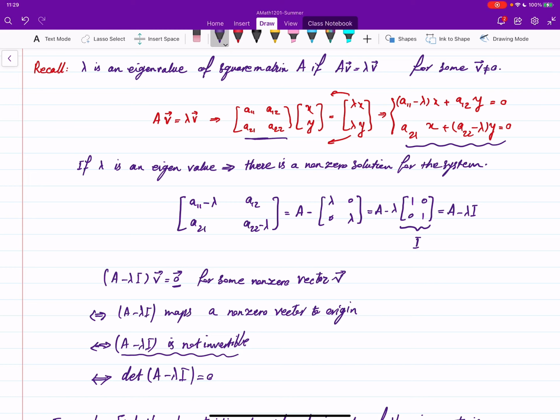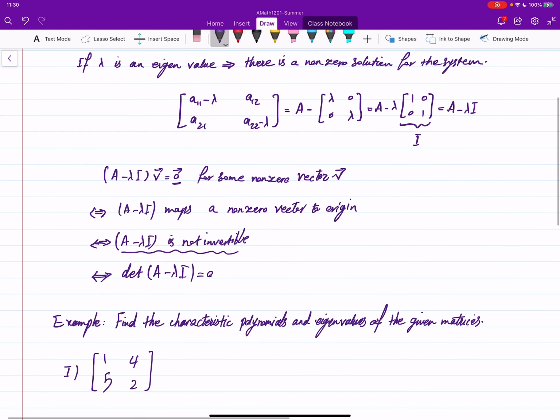This is where you can start working. So if someone gives you a matrix, you find A minus lambda I, or in other words, you write A, put minus lambda on the main diagonal, and then find the determinant. You will find a polynomial in lambda.